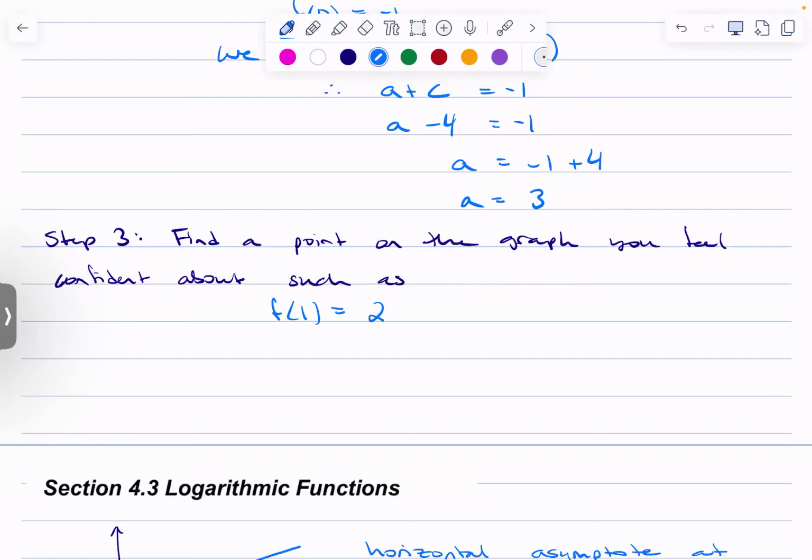Which means that a b to the x plus c. I know a and I know c, so 2 must be equal to a, which is 3, times b, which we're finding, to the power of x, which is 1, and c is minus 4.